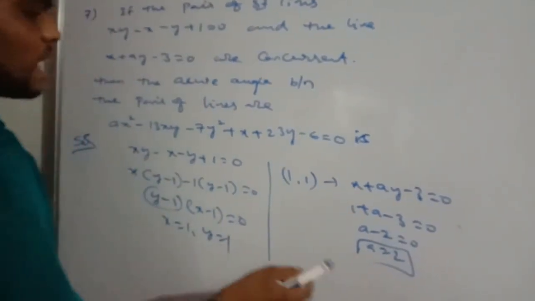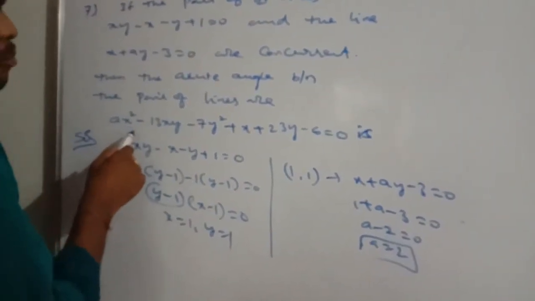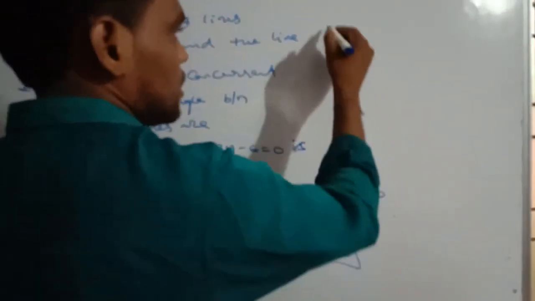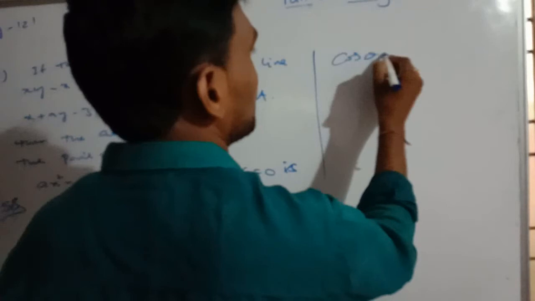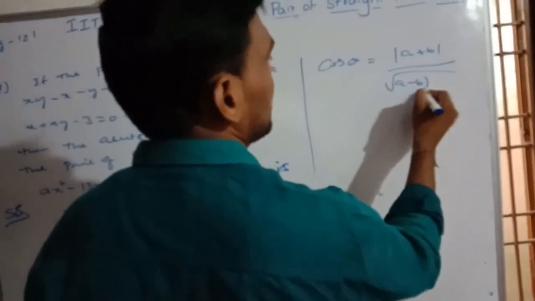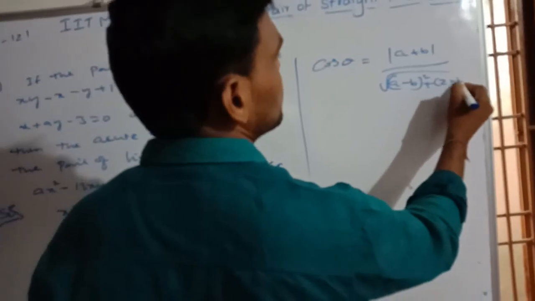Now substitute the value in the given pair of lines, a equal to 2. Now cos theta is equal to modulus of a plus b by root of a minus b whole square plus 2h whole square.